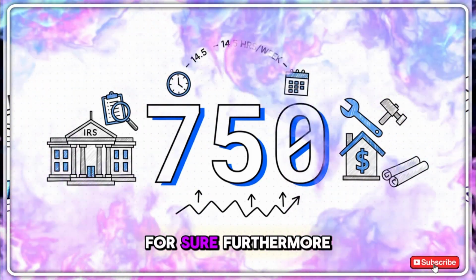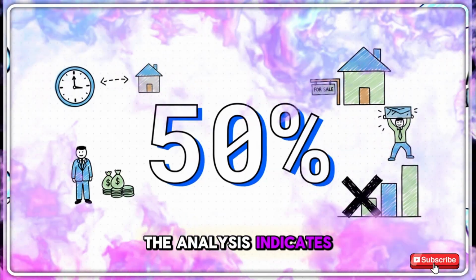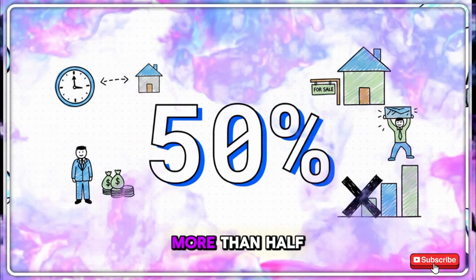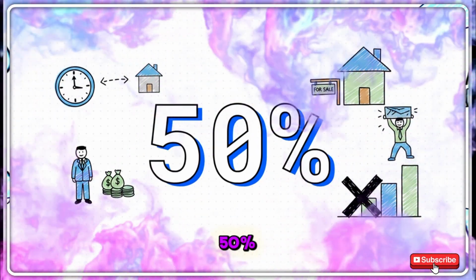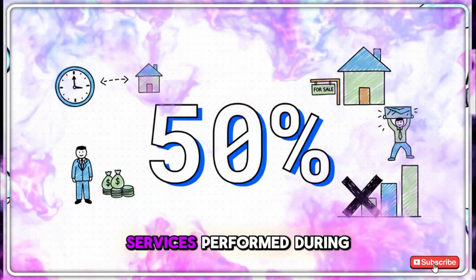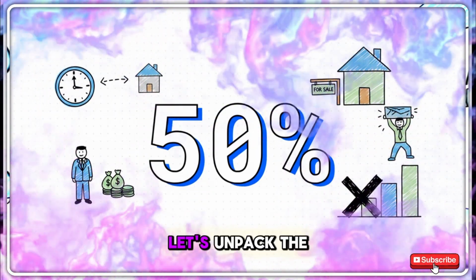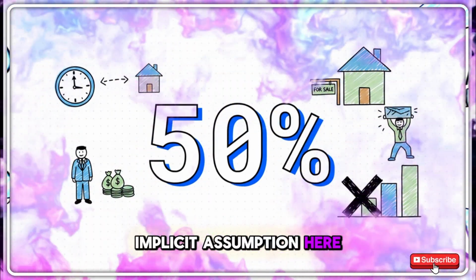for sure. Furthermore, the analysis indicates there's a second, honestly even more restrictive hurdle. More than half, yes, 50%, of all personal services performed during the tax year must be dedicated to real estate. Let's unpack the implicit assumption here. Think about it.